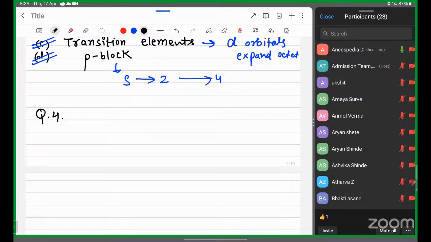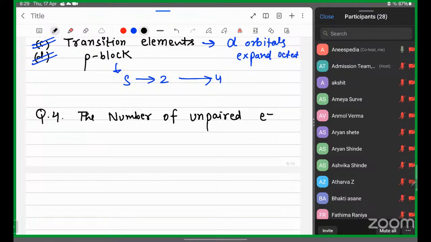Next we have: find the number of unpaired electrons in Ni2+ ion.